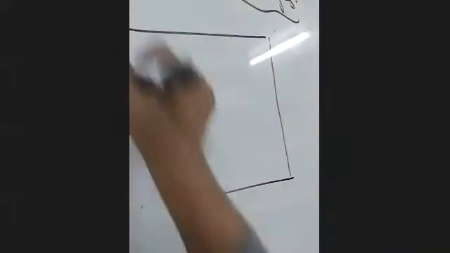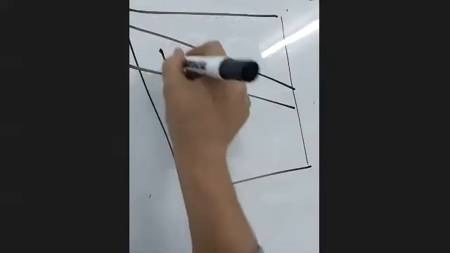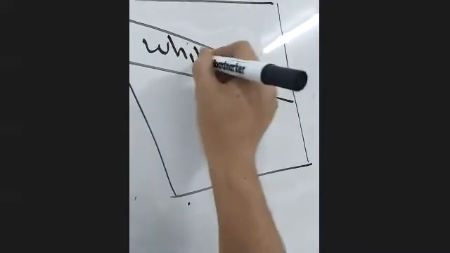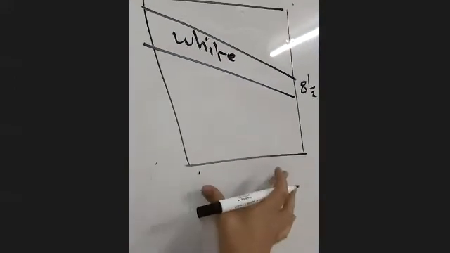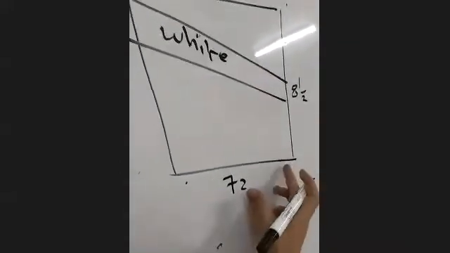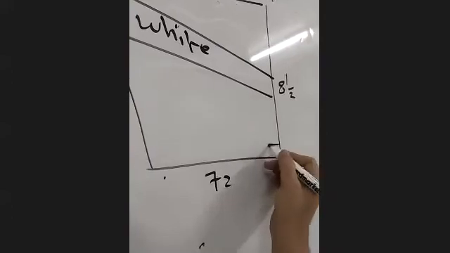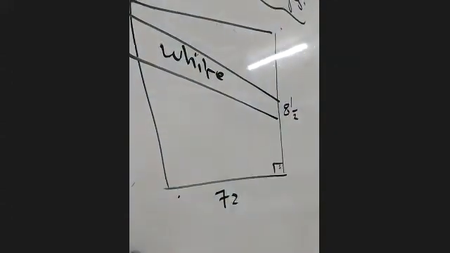You have this flag, right? And here you have the white. Here is the base, which is 8.5. Here down is the height, which is 72. See it? Because of this right angle, this is the height of the parallelogram. Do you understand?